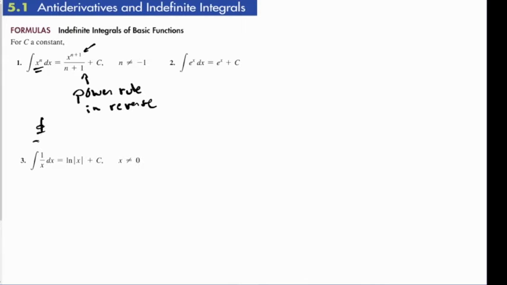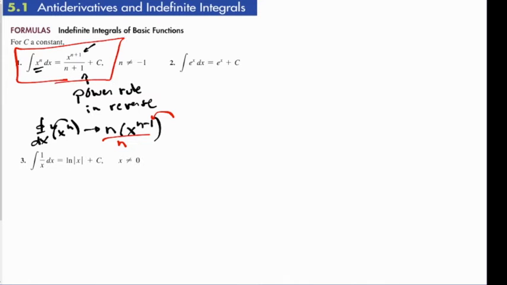So remember, d/dx of x to the n, when we were finding the derivative, would say multiply by the exponent and then subtract 1 from the exponent. Well, if we were to reverse that, the reverse says add 1 to the exponent, then divide by that new exponent. And that's what this is. This is the power rule for derivatives in reverse order.